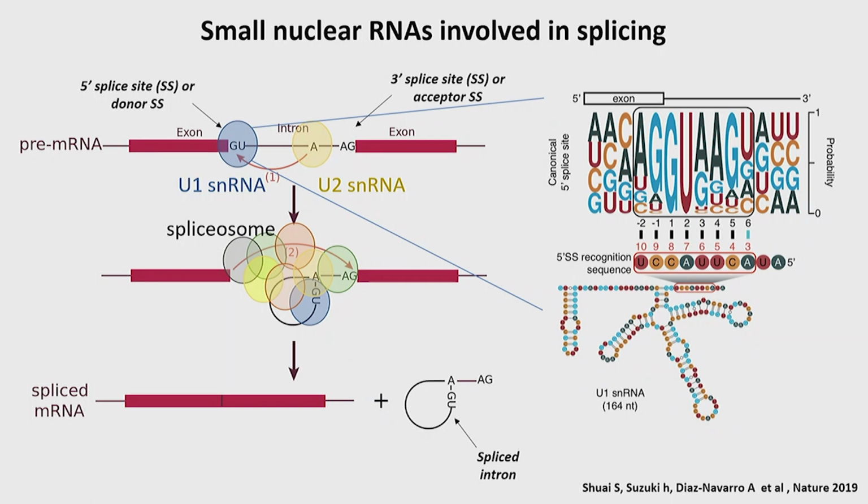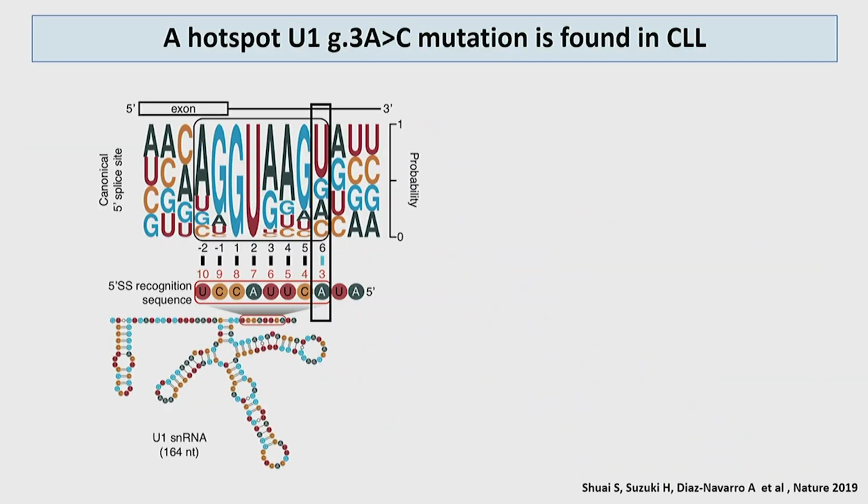The U1 is a small RNA that binds to the splicing consensus sites, and then the group of Lincoln Stein detected that this U1 had a frequently mutated position, at position 3 of this RNA.